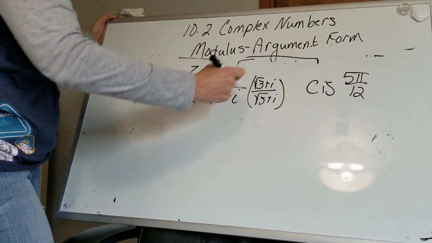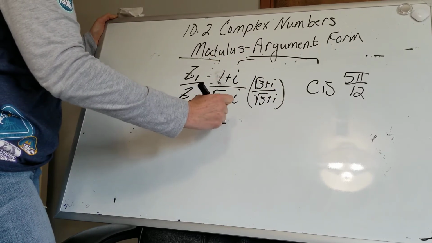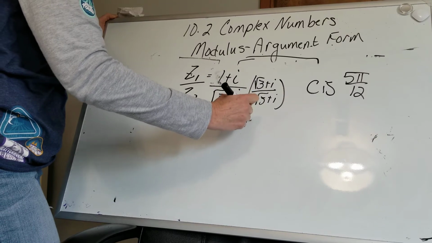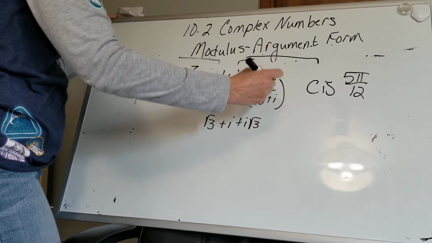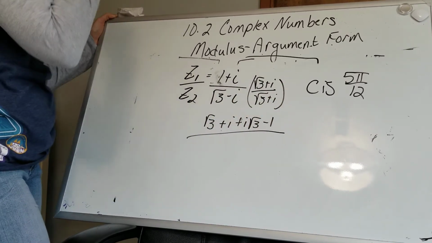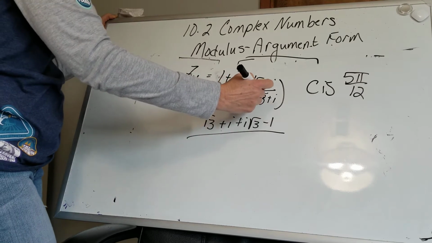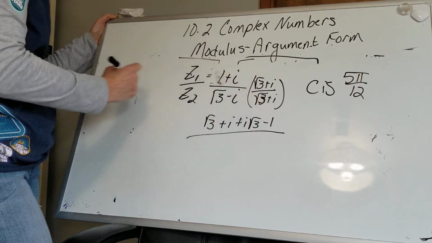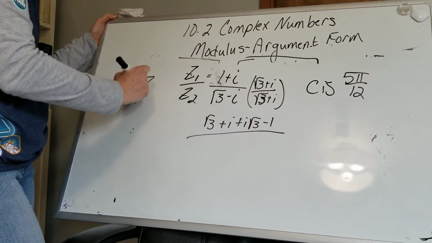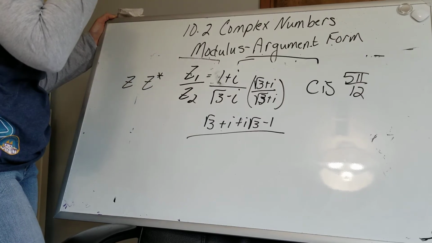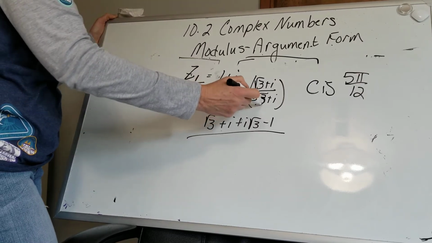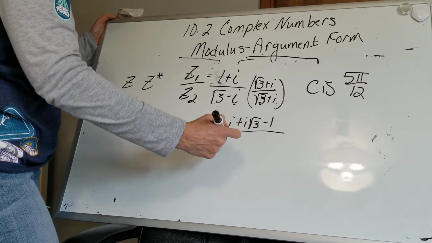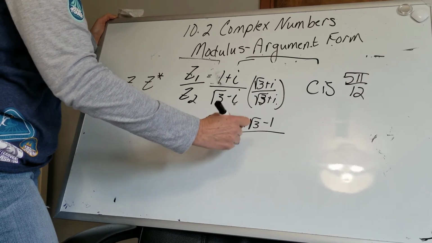I'm going to get in the numerator root 3 plus i root 3. Then I'm going to get i squared, which is minus 1. Remember the shortcut when you multiply by the conjugate. So remember you have Z and then the conjugate is Z star. We would get a squared plus b squared. So we're going to get 3 plus 1, which is 4.